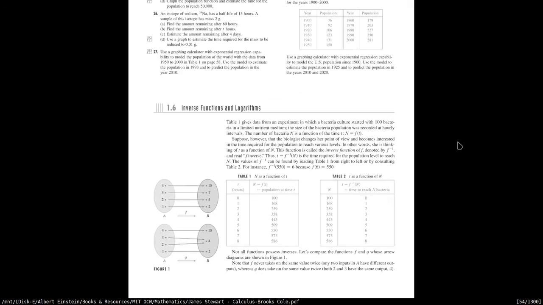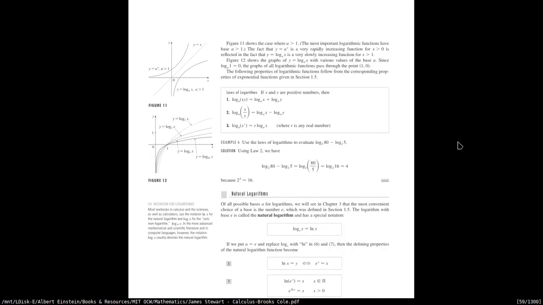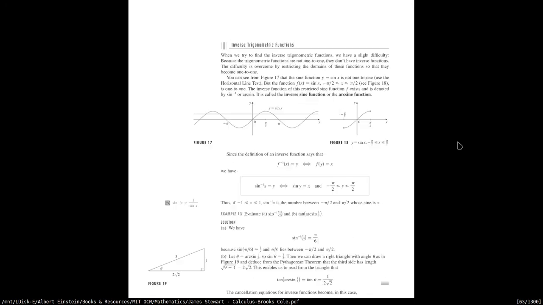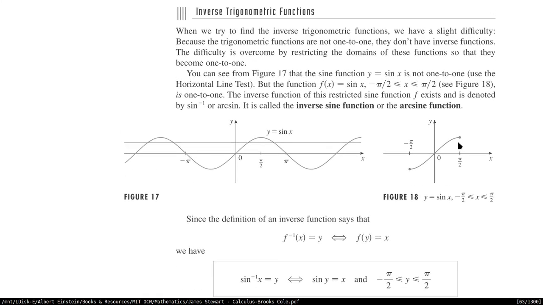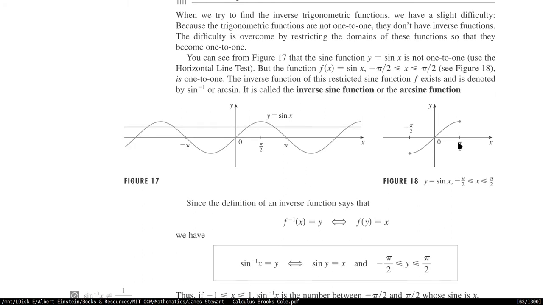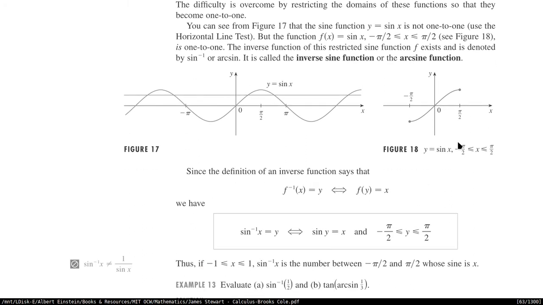Yeah, okay, so inverse functions, log, do they have sine? Yes. So check this out, inverse trigonometric functions, James Stewart, calculus. Right after today's lecture, I'm going to post the PDF.